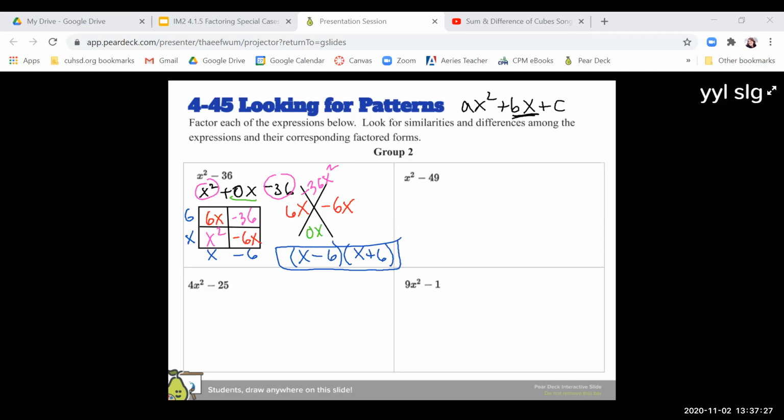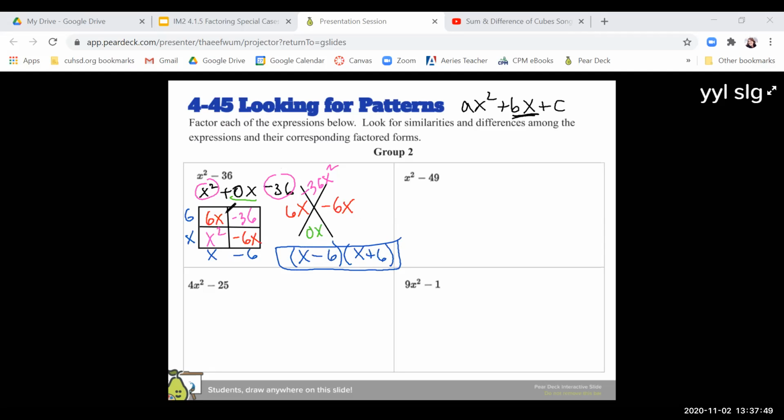Remember, I just want you to pay very close attention to the signs of your numbers. Notice how the signs in my example here, 6x and negative 6x, made our factors look like x minus 6 for one of them and x plus 6 for the other one. So these aren't identical.